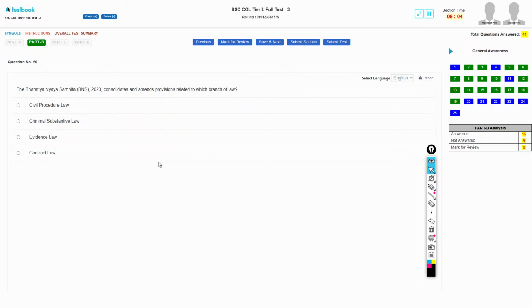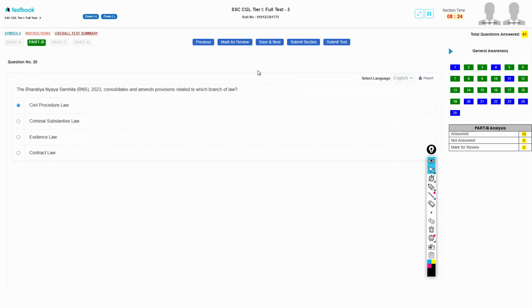The Bharatiya Nyaya Sanhita 2023 consolidates and amends provisions related to which branch of law? I think evidence, criminal substantive, criminal procedure, or civil procedure law.